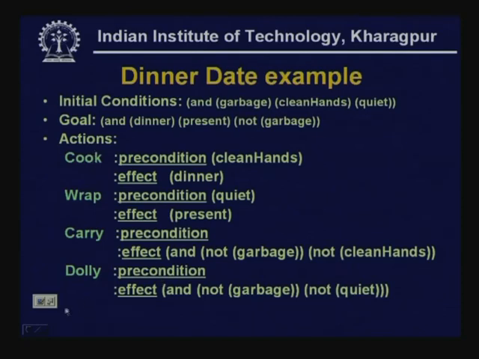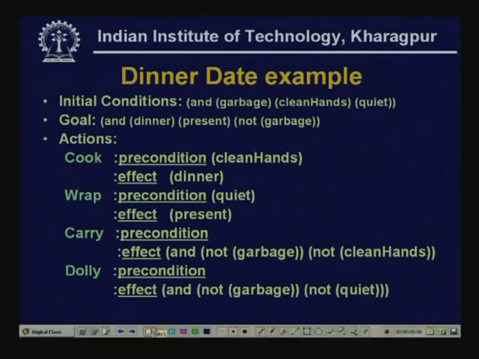And these are the actions which are available to you: cook, wrap, carry and dolly. Cook is an action whose precondition is clean hands and effect is dinner. Wrap is an action, its precondition is quiet and effect is present.